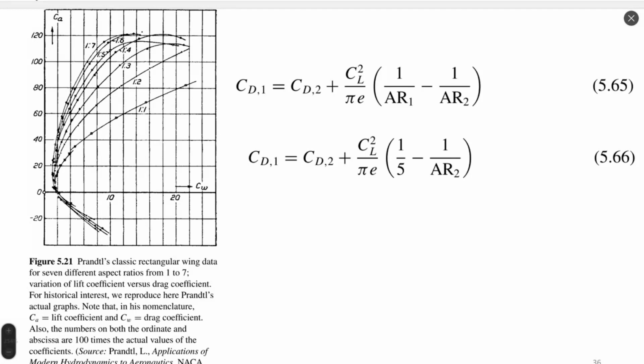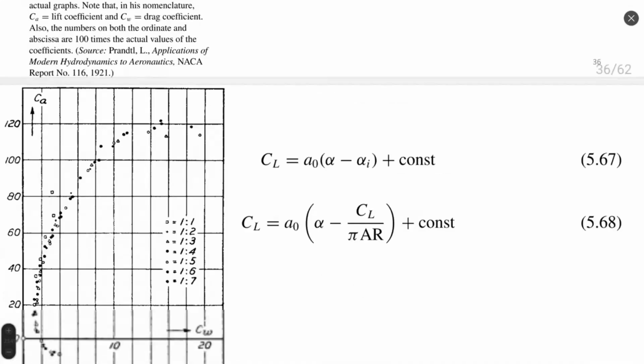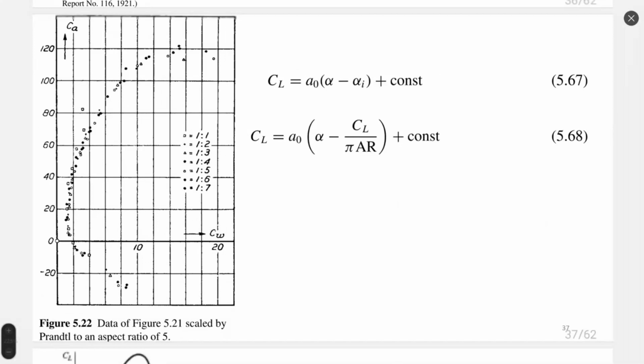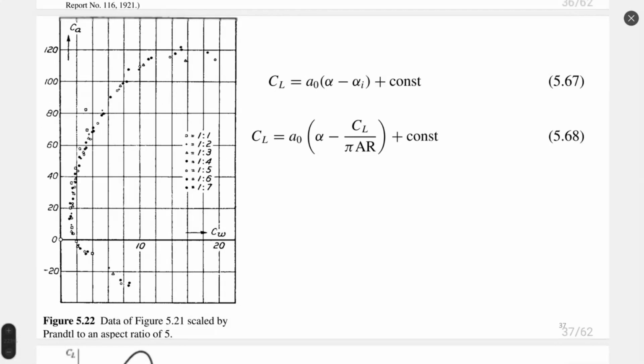They were elaborated during many decades. An example of how calculation from one aspect ratio to another aspect ratio can be done in a very simple way in order to obtain lift and drag coefficient associated to a wing.